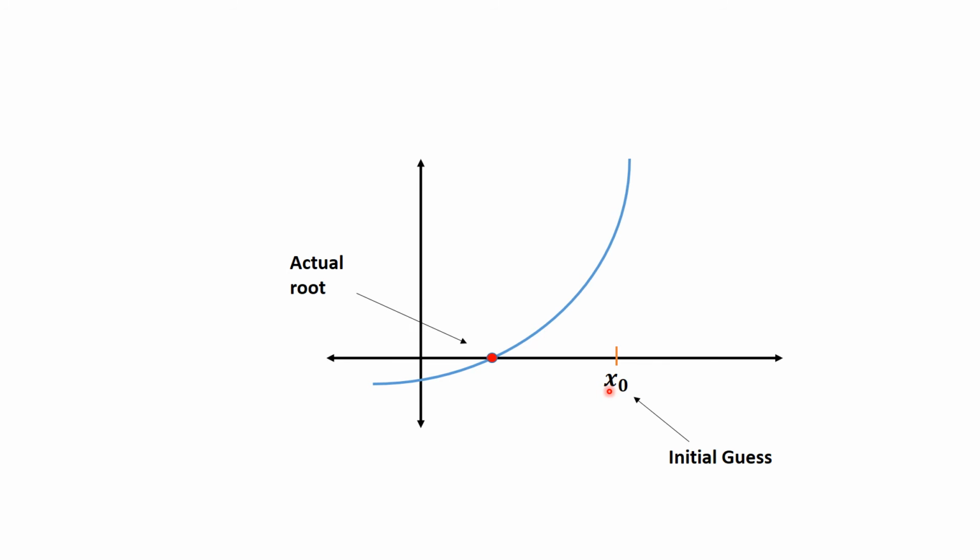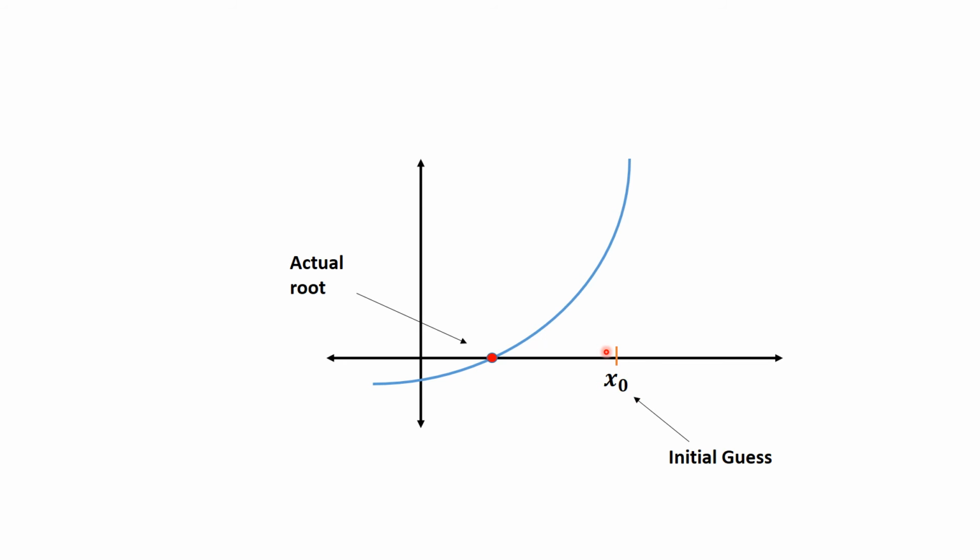I am using the same figure which I used for Newton's method, but later on I will change the words, where I will write it as the first initial guess, not the only initial guess, because we will use two initial guesses.